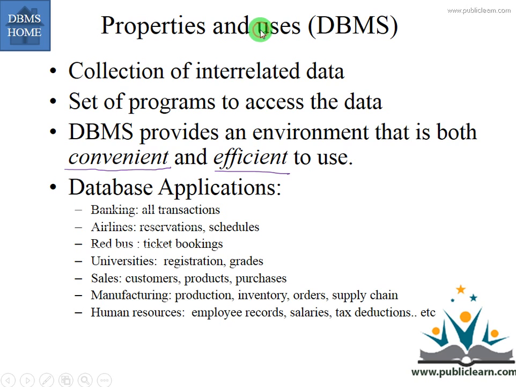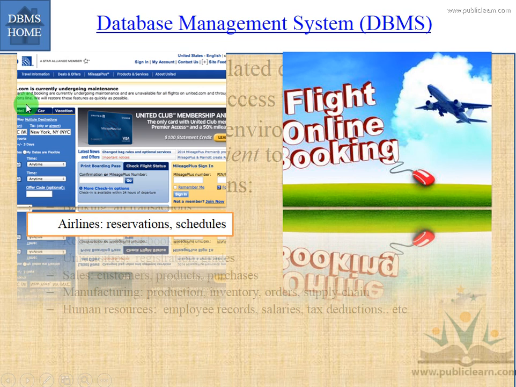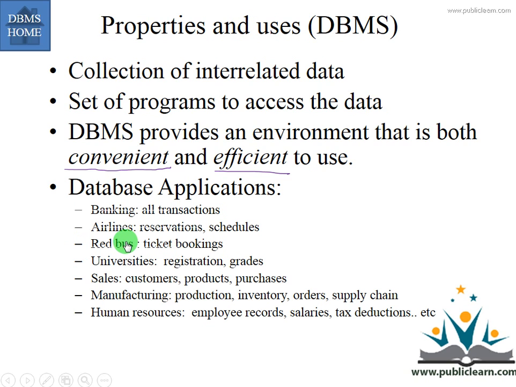Move back. And now airline reservations. See, through online you can book only by using a database management system. We can book flights like that, and even more. We are very familiar with Red Bus in India.